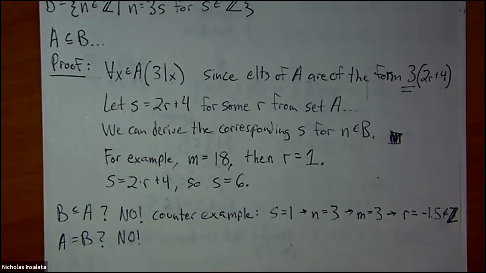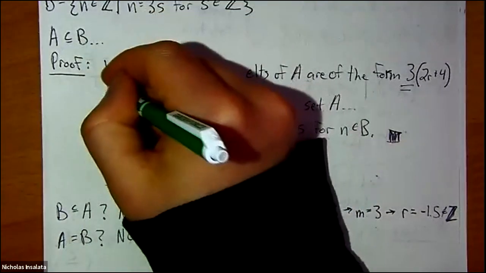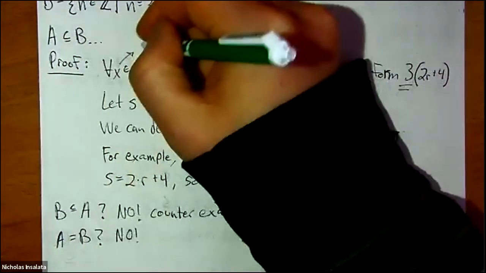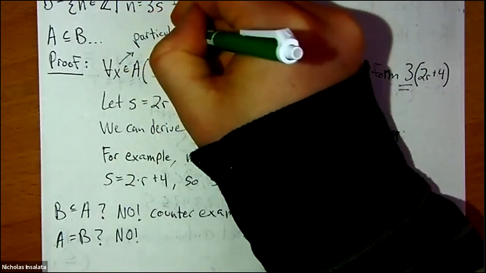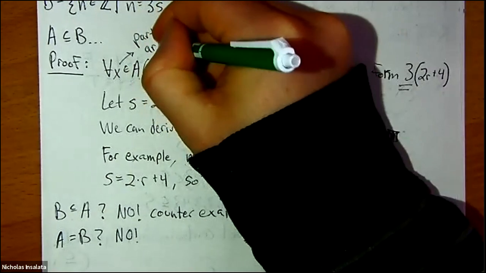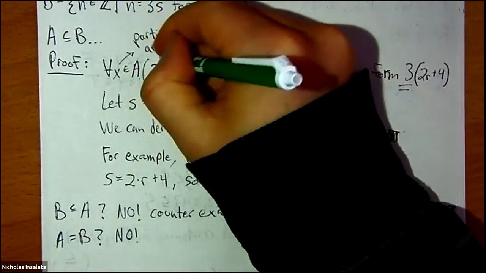While you're thinking of questions, let me say one more thing. Your book makes a big deal about an arbitrary element, a particular arbitrary element, which in this case would be X. So X here is what your book calls a particular arbitrary element.